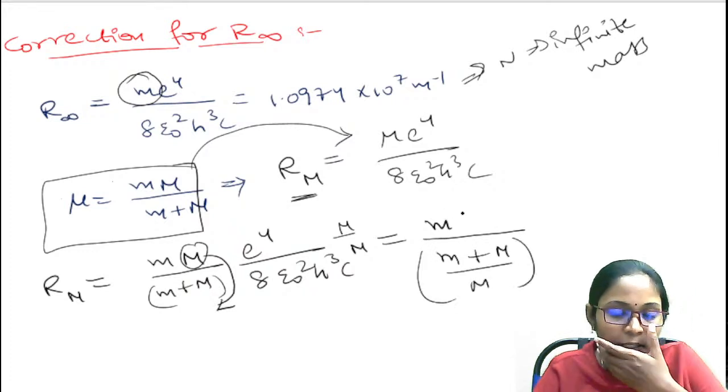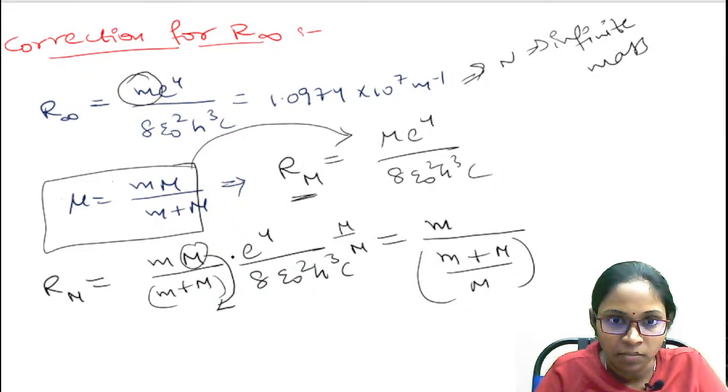What I did here is I multiplied with capital M and divided with capital M.